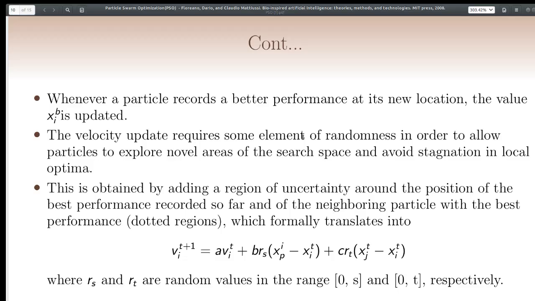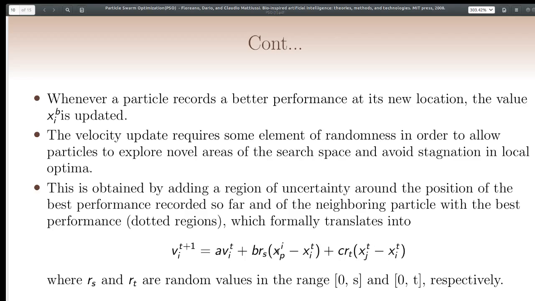So the same equation can be rewritten as vi of t plus 1, the velocity update, is equal to a vi of t plus b rs (xpi minus xit) plus c rt (xjt minus xit).